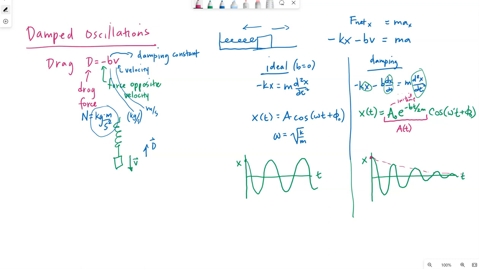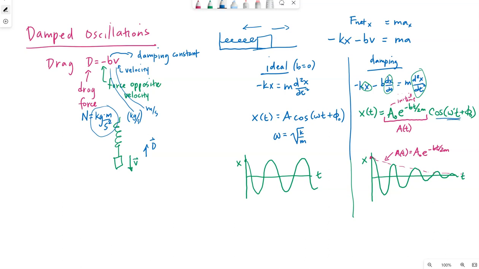So we can draw a dotted line here that connects those peaks together. And this amplitude is decreasing exponentially. How steep that exponential part is depends upon that damping constant. The larger b is, the larger the damping constant, the faster that exponential will decay down.